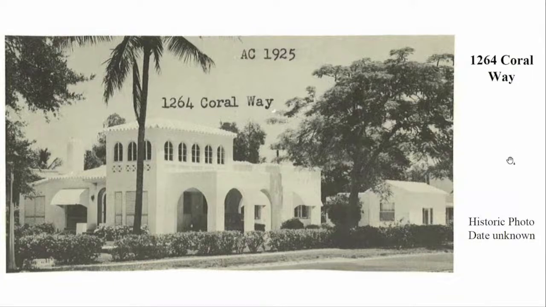It is one of 17 remaining residences built prior to 1926 in the district. In October 2016, the owner and architect appeared before the board for a discussion regarding the auxiliary structure that was originally a detached garage but had been converted into a guest house. The board determined that due to alterations, this structure could be removed.